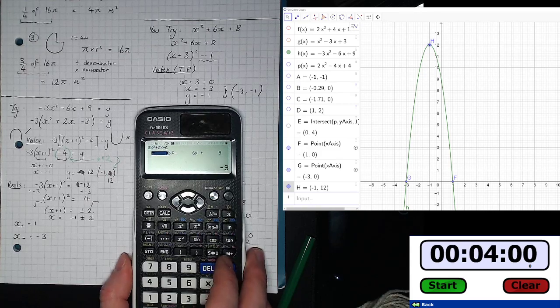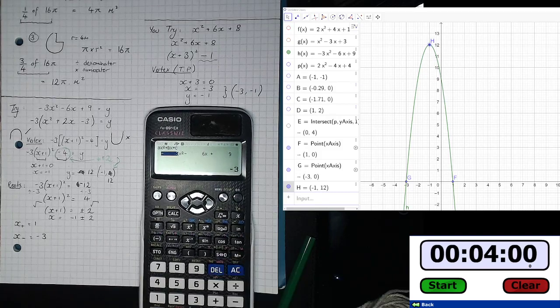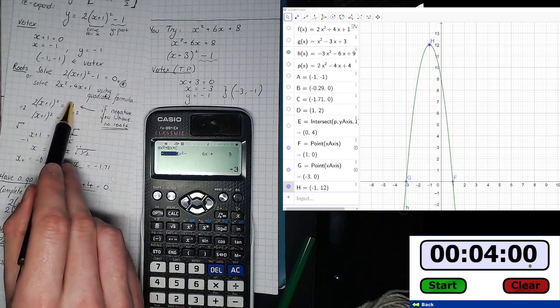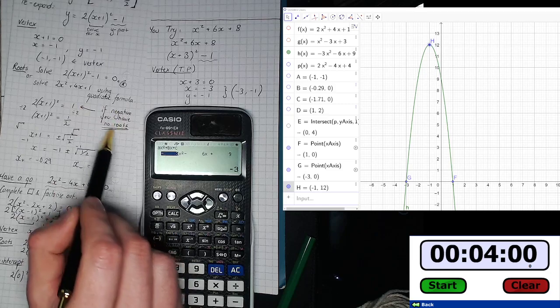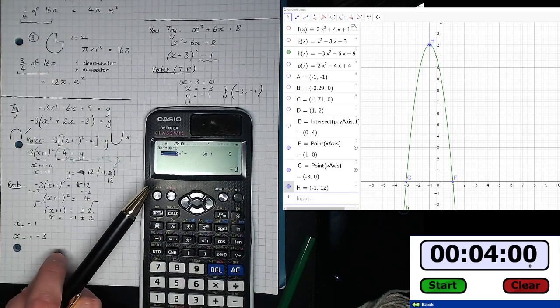One thing to bear in mind is that where we said before, if the number that we get here is negative, we have no roots. This calculator knows how to deal with that.